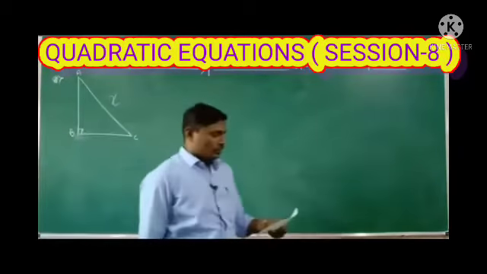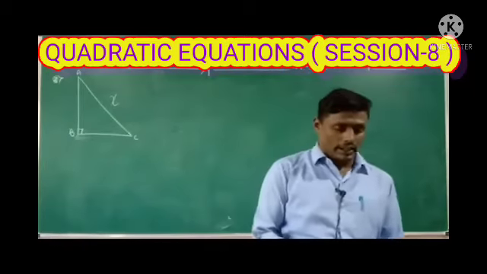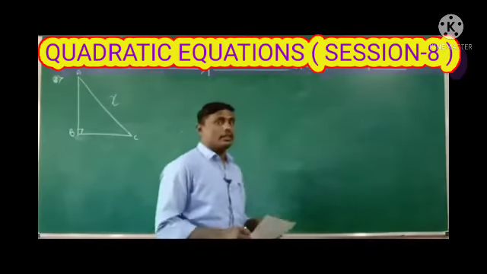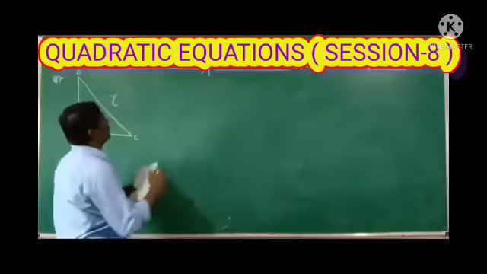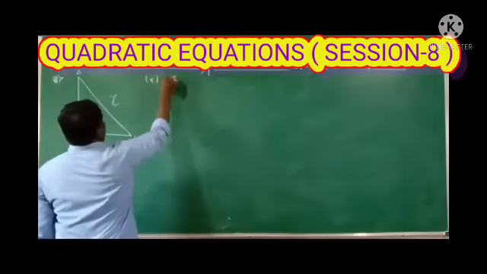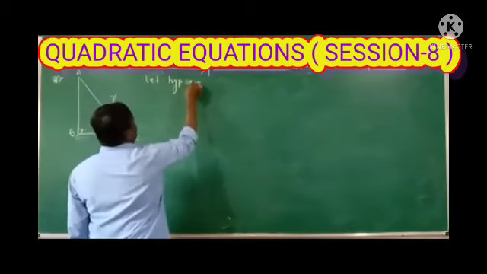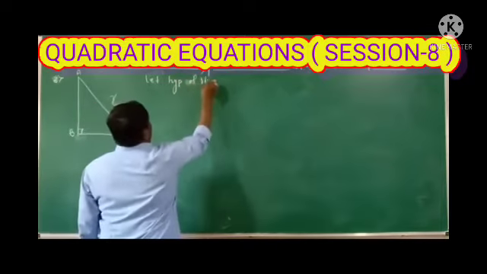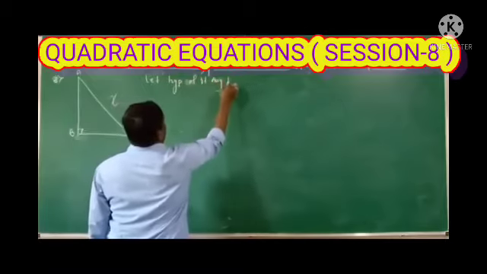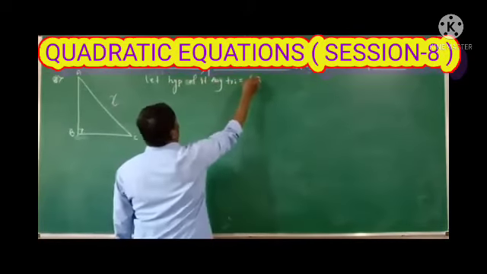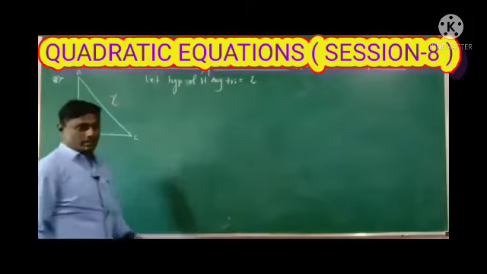Let the hypotenuse of the right angle triangle be equal to x. Consider it as x.